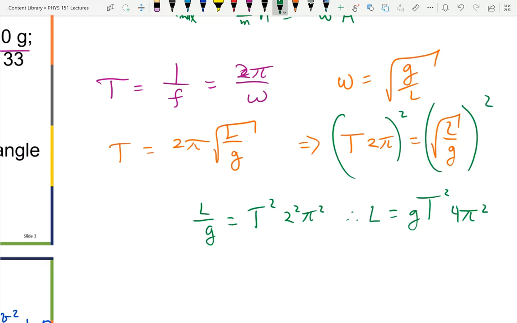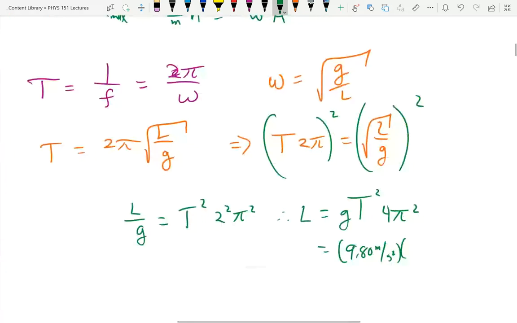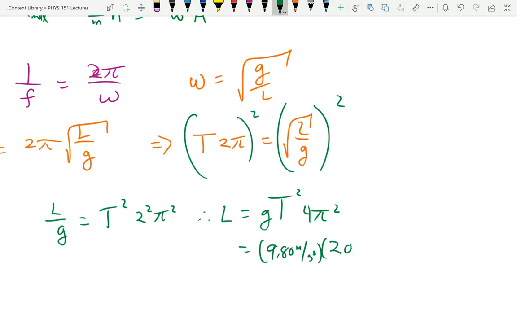So now we can just put in numbers. My period was 2.0 seconds. Then I put that forward, and so we pop that in the calculator. Anybody?